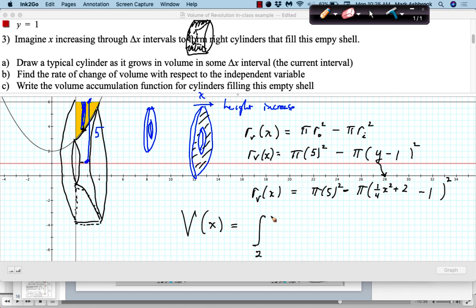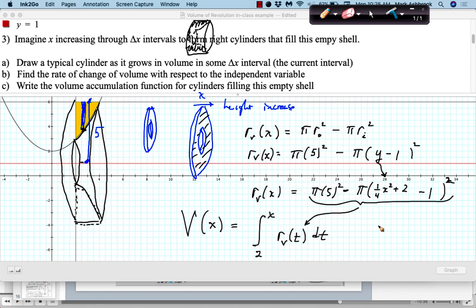So 2 to x of RV t dt, where RV x is this thing. Don't forget the square. Pi r outer squared minus pi r inner squared. Or you could rewrite this thing, simplify it, and write it in terms of t, that's fine. But we called it a function. We called it RV x. Let's use it, right? Use function notation. Super convenient. Okay, questions on that?